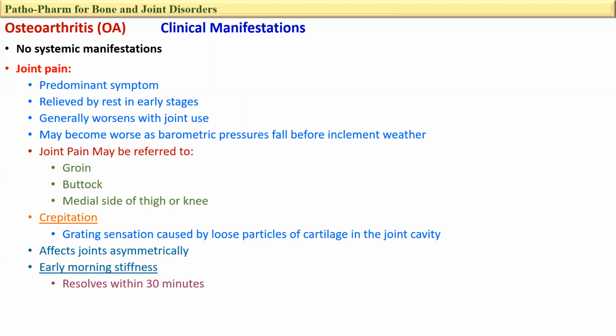Joint pain is the predominant symptom. Usually it's relieved by rest in early stages, not in advanced scenarios, and the pain gets worse with joint use. So resting the joint results in pain relief.